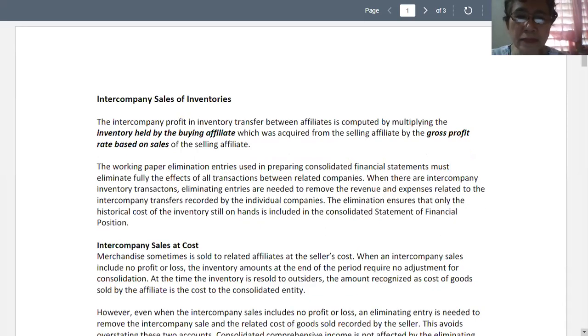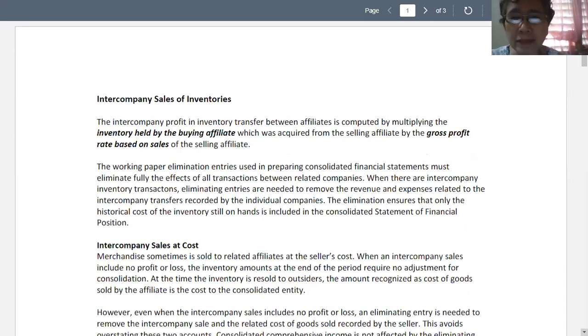Merchandise sometimes is sold to related affiliates at the vendor's cost or at the seller's cost. When an intercompany sale includes no profit or loss, the inventory amounts at the end of the period require no adjustment for consolidation. So that's to the extent that your intercompany sales include no profit or loss.